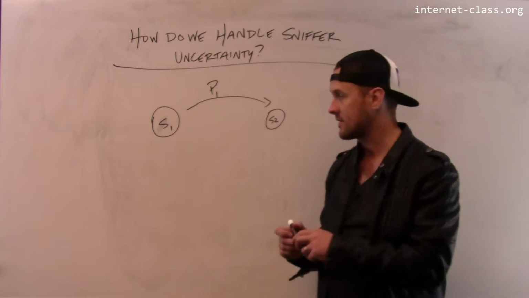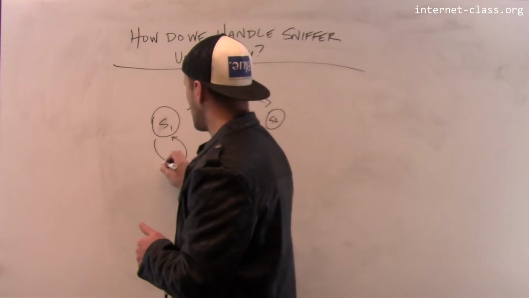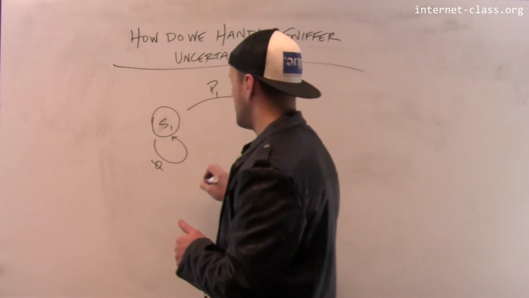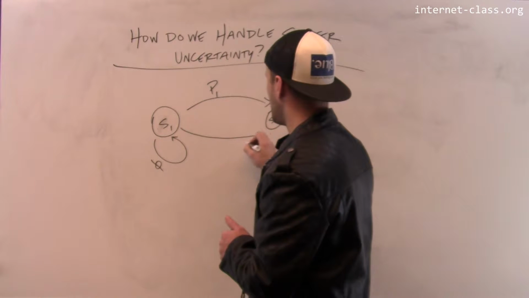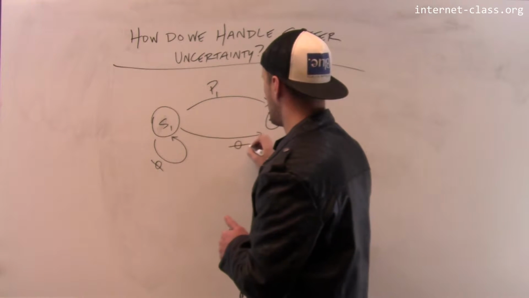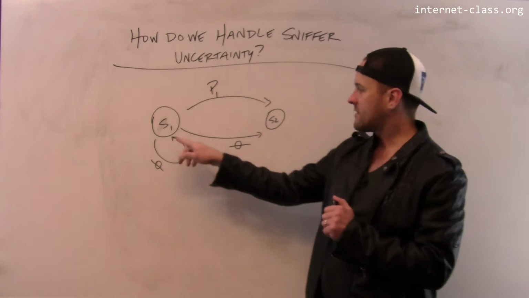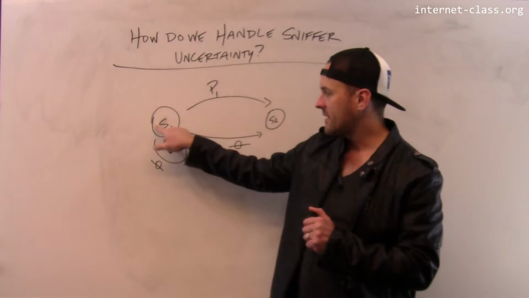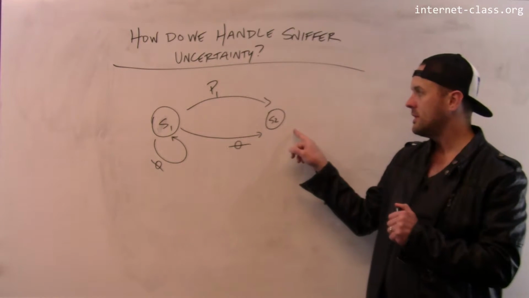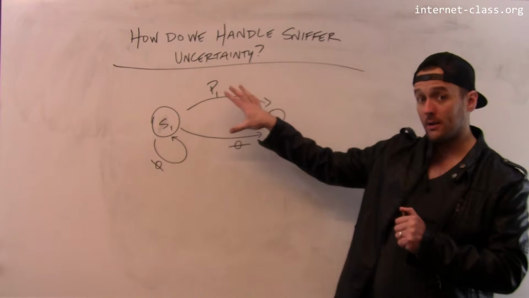I need to do 2 things. The first thing is I need to create a self transition on this state. And then the second thing is I need to create a null transition from S1 to S2. So this transition indicates that it's possible that the device under test can get to S2 because the sniffer missed P1.